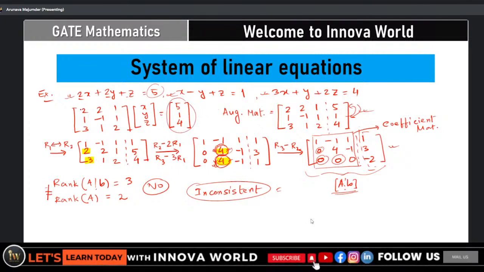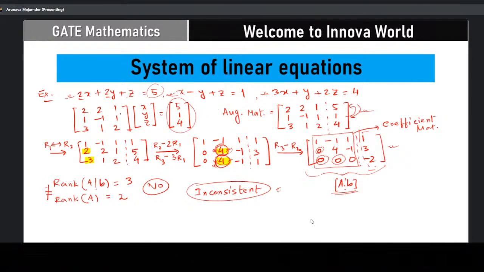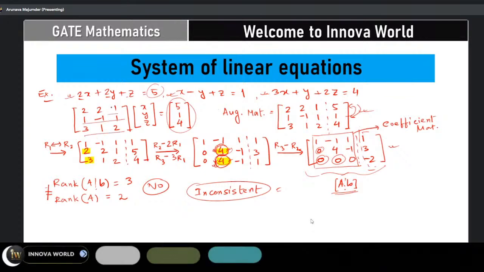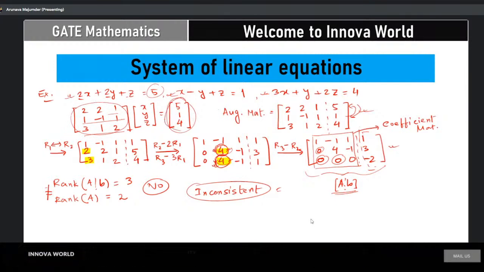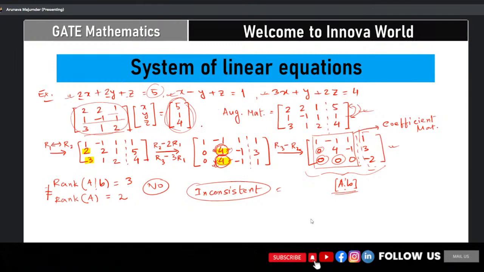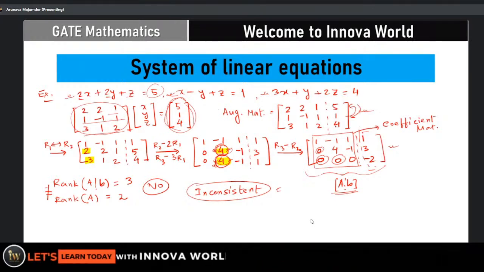This is the coefficient matrix: 2 2 1, 1 minus 1 1 and 3 1 2. And the right hand side, the column matrix 5 1 4, is the right hand side matrix. Just join them together in a single matrix.